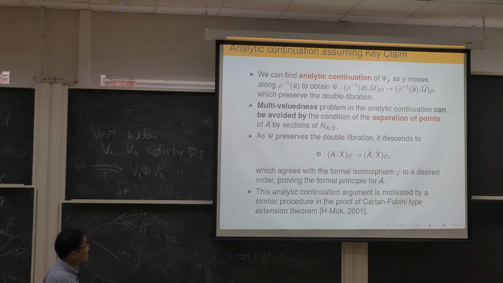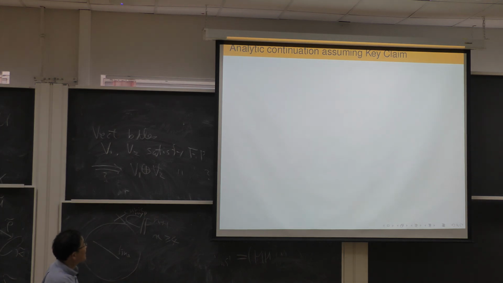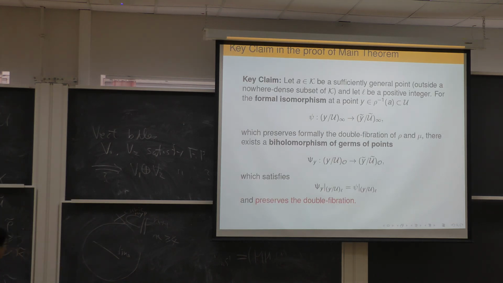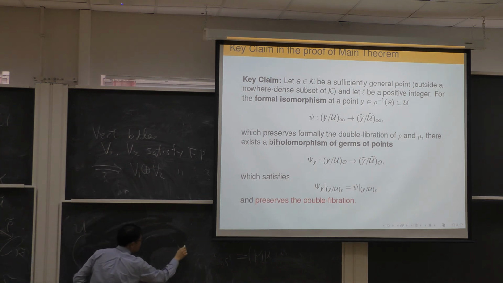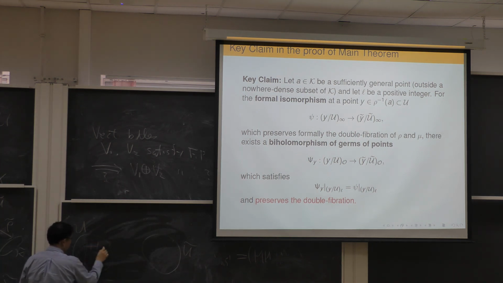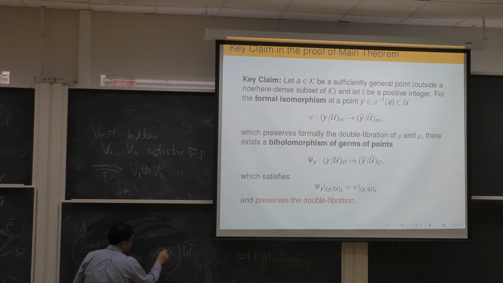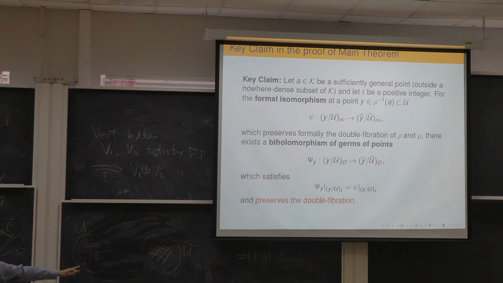So the main point is how to prove the key claim. The key claim has nothing to do with the duality space. It's just this: you are given a manifold U and a manifold U tilde, and you have a double fibration on each. So you have two manifolds, each with two foliations.